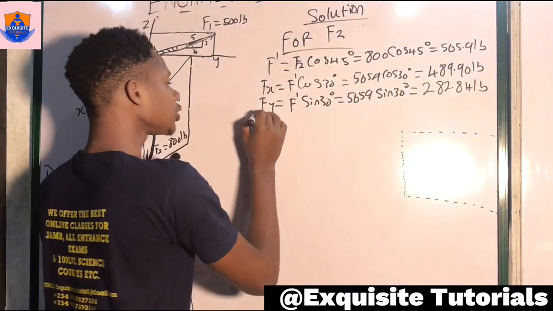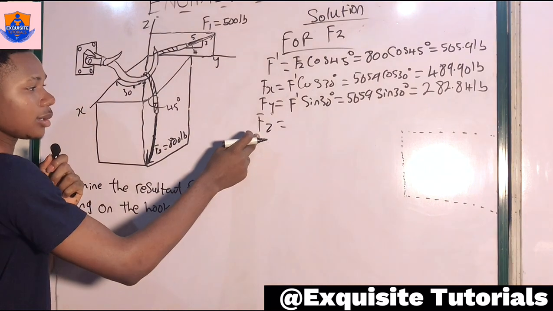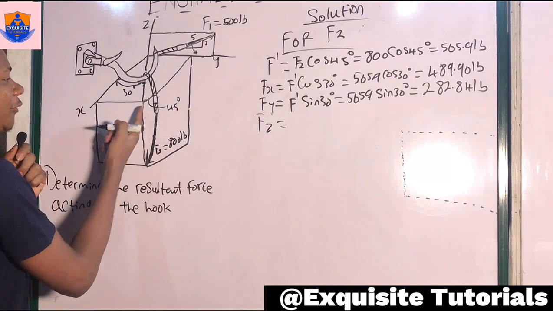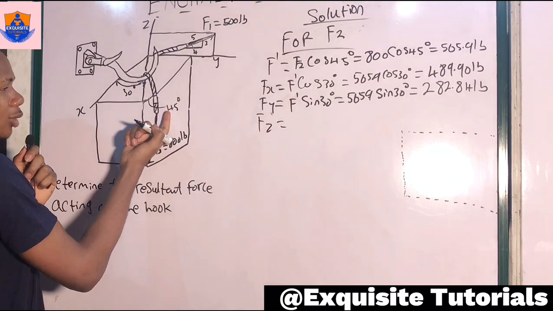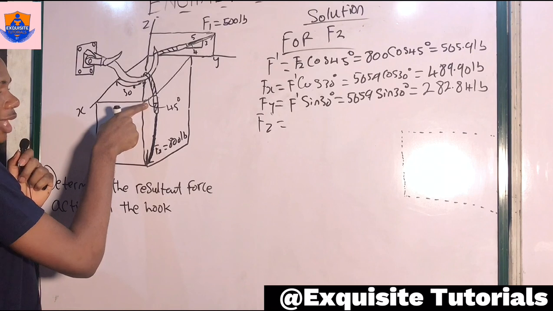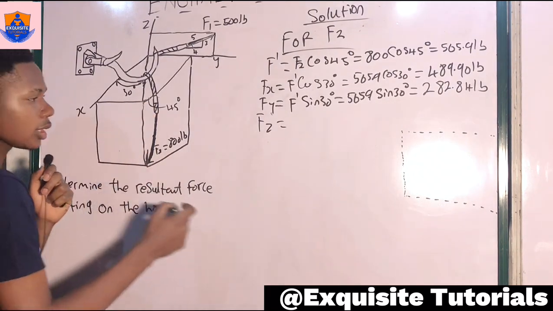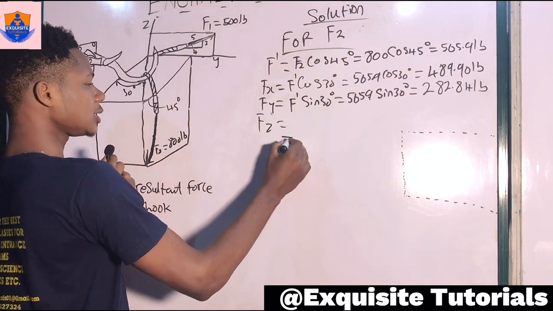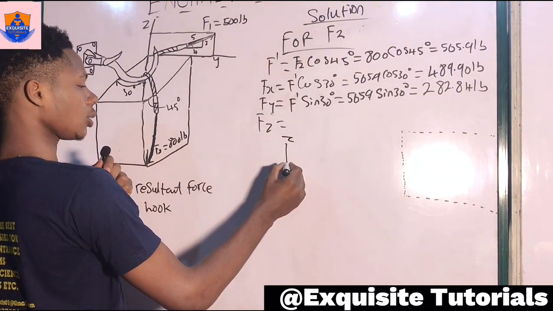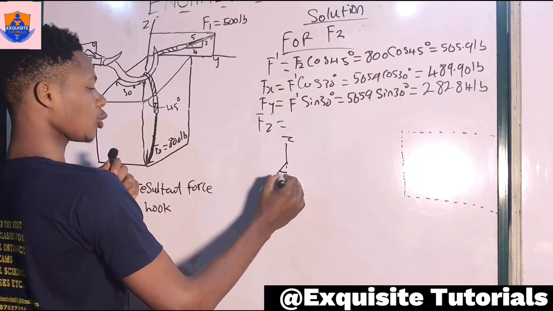Now next we want to do is obtain the value of F of z. To obtain F of z, that is the force acting on the z component due to this F2, we are having this force at an angle of 45 degrees already to this plane. That's the angle 45 degrees. So what we want to do is open it into the page. We're having something like this z component, we're having a normal plane like this, and then we're having some force like this, and the angle is 45 degrees.